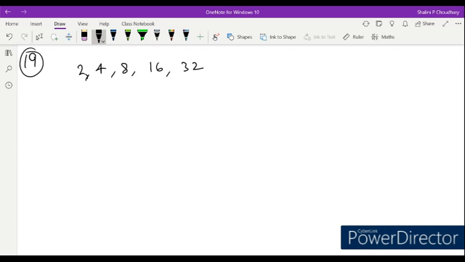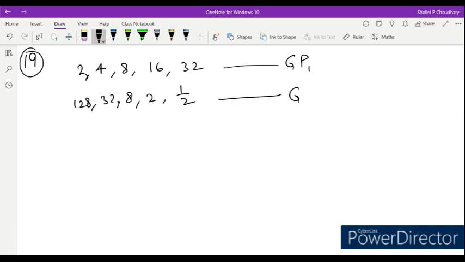And the second sequence is 128, 32, 8, 2 and 1 upon 2. So these are the five terms of the first sequence, so this is GP1 and this is GP2. Two GPs, I mean two sequences, are given.